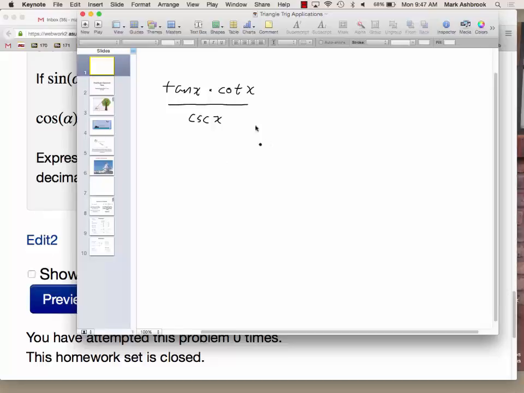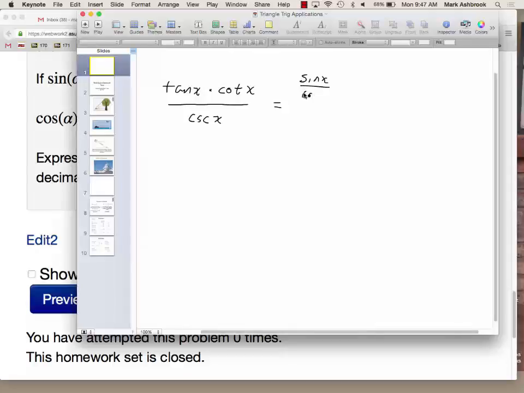Okay, so one important technique is to change everything into sines and cosines. So tangent x equals what in terms of sine and cosine? If it's opposite over hypotenuse, then it would also be sine over cosine, right?